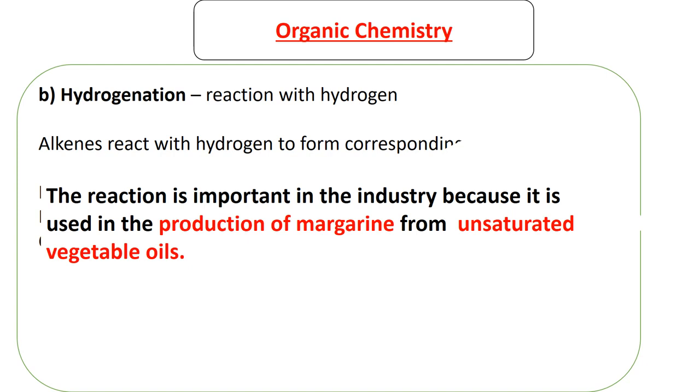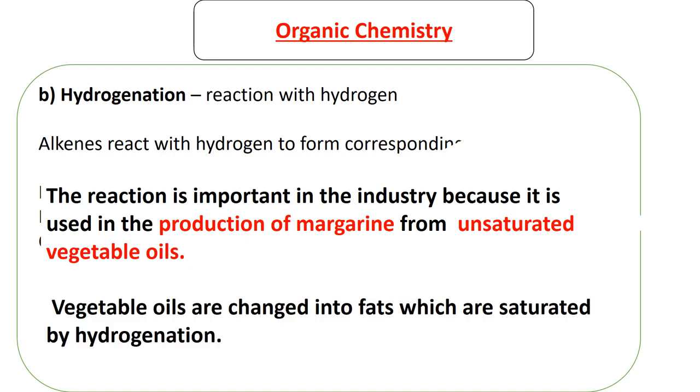When you saturate it, it will become like fats, like butter. So that's what they do. They just add hydrogen to the unsaturated oils, then they will turn into fats. So in short, vegetable oils are changed into fats which are saturated by hydrogenation.